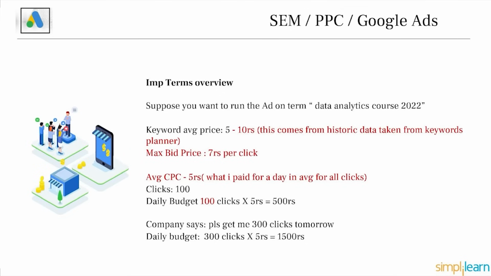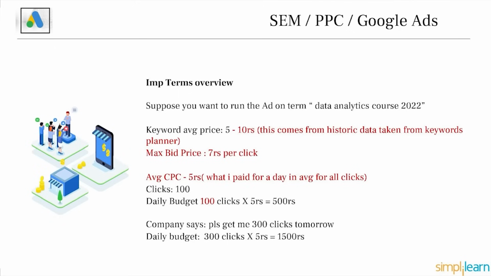And suppose I got 100 clicks, then it's simple maths that the budget I have spent today is 5 rupees for one click, 500 rupees for 100 clicks. So the daily budget would be 500 rupees. And tomorrow if the company says I need 300 clicks, then of course with the average CPC which I have from the historical data of yesterday, I would do my maths and submit a daily budget not for 100, but for 300 clicks, so that with 1500 rupees I can expect 300 clicks at the cost of 5 rupees per click.